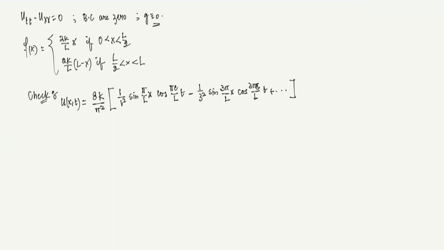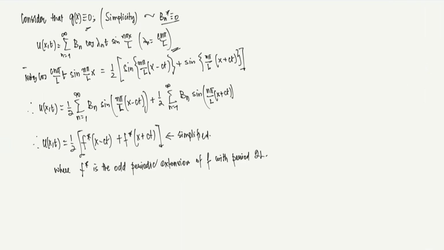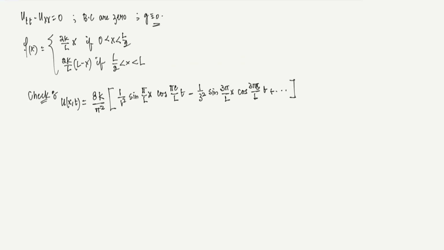This is basically your solution in this case. Here it's an infinite series, but you see the solution we got earlier was also an infinite series, and this is a simplified version of it. That is going to be your solution.